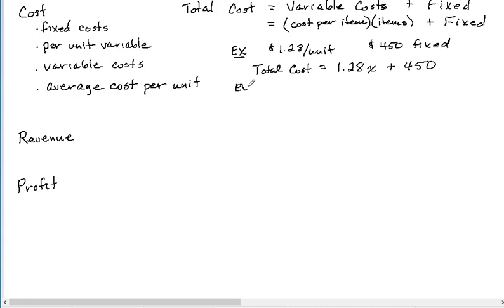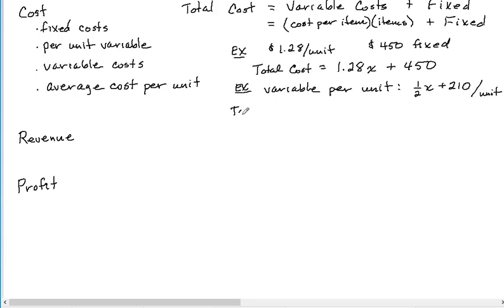Okay, now here's another example. What if the variable cost per unit changed depending on how many units you made? Let's say it was 1/2 x plus 210. Then that 1/2 x plus 210 is acting like the $1.28. This is a per unit cost.